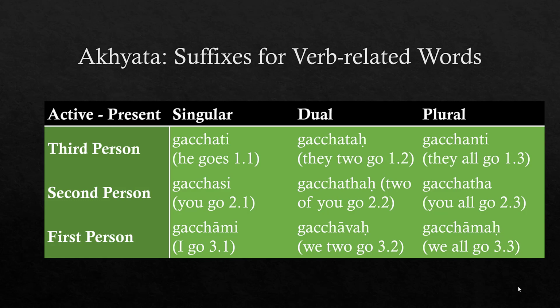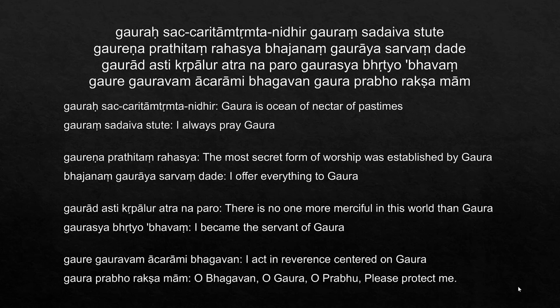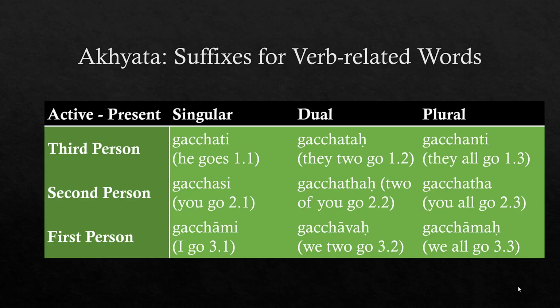Gacchami, and similarly there it is Acharami. So Acharami comes from the root word achar. That is why Acharami. So like that, based upon different time contexts, we have different suffixes for verb-related words.